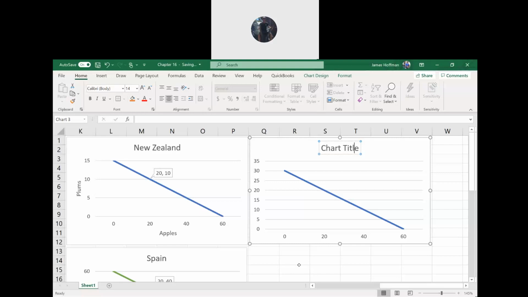Okay, so this is New Zealand with specialization in trade.